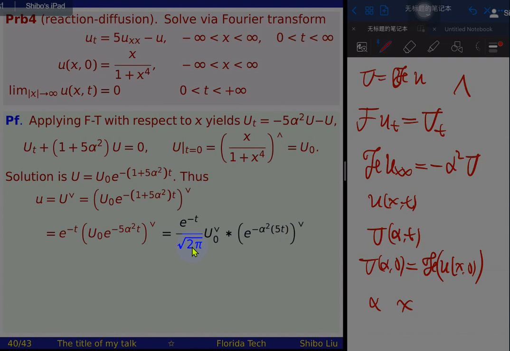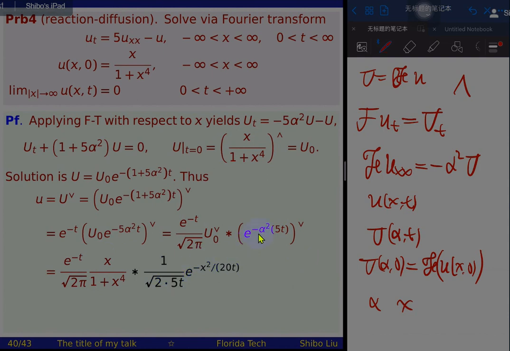Now, since U0 is the Fourier transform of x divided by 1 plus x to the 4, the inverse of U0 is simply this function. And the exponential inverse is this function.